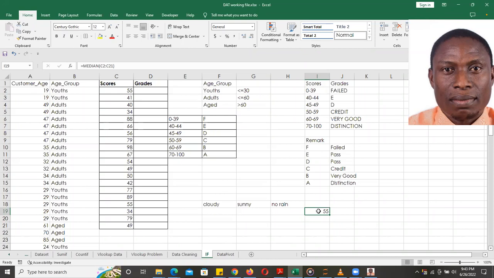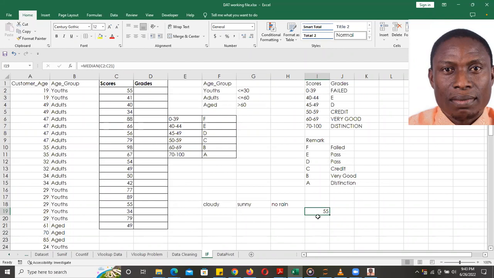Then you count to pick the one at the middle and bring it out. And that's what the function has done for us without any stress. You don't have to sort, you don't have to rearrange, you don't have to do anything. Just use the median function and it's going to pick the one at the middle for you.